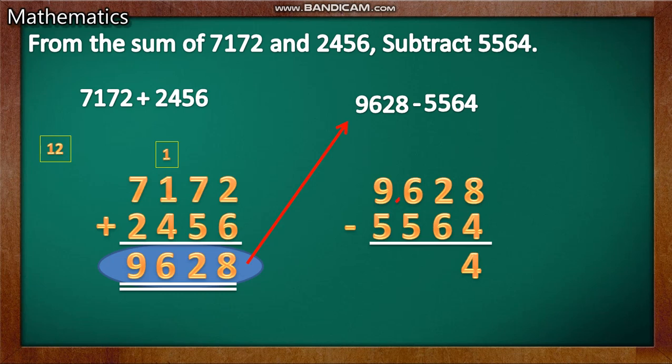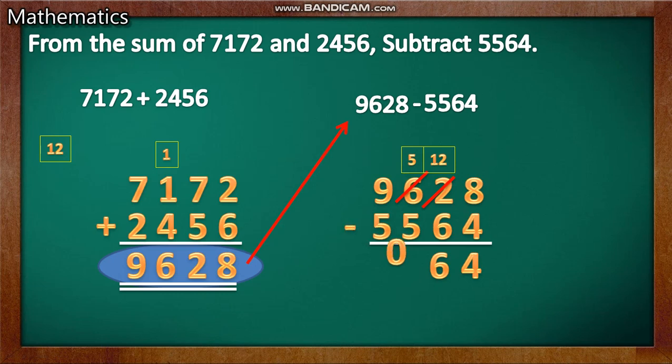So that 6 will change to 5. That 6 is giving 1 to 2, so 2 will change to 12. Now subtract 6 from 12. The answer is 6. Then let's do the hundreds place: 5 minus 5. What is the answer? 0.